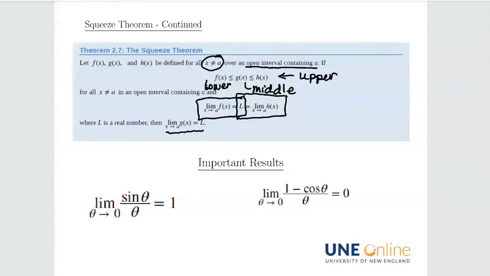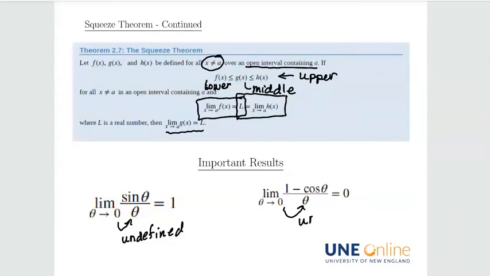That leads to two important results from trig. Notice if we tried to find the limit as theta goes to 0 of sine of theta divided by theta, a direct substitution here would give us undefined. The same would happen if we looked at this other limit: the limit as theta approaches 0 of 1 minus cosine of theta over theta.